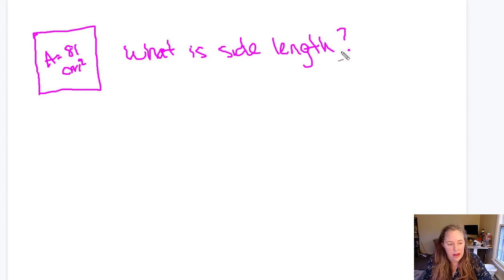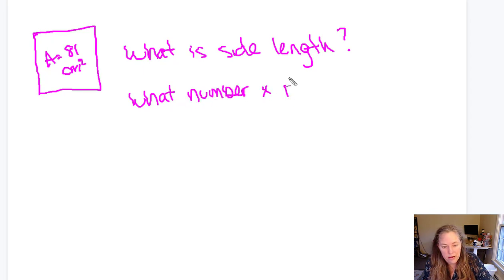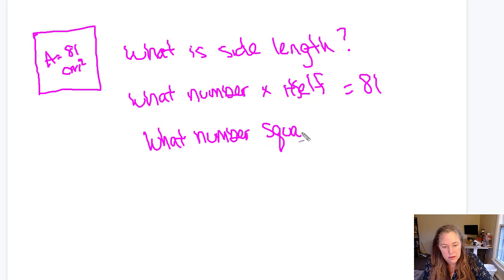To answer that, you need to know what number times itself equals 81. I could also say what number squared equals 81.